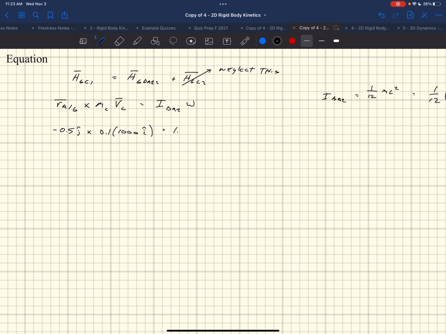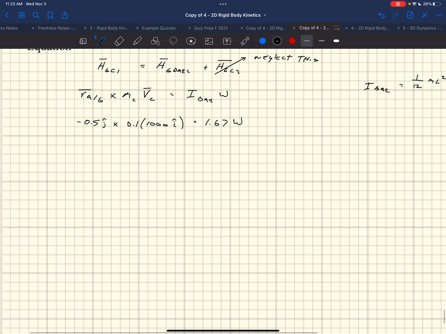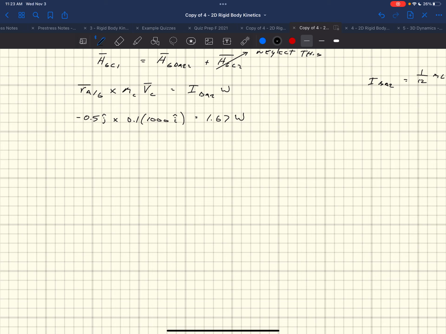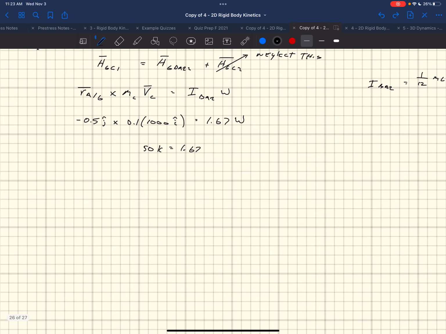And so this is 1.67 times omega. All right, that's a negative J crossed with a positive I, so I get a positive K. So this is 50 in the K is equal to 1.67 omega. Omega is always in the K, so they're both in the K. That's good. And then you get omega equal to 30 radians per second.